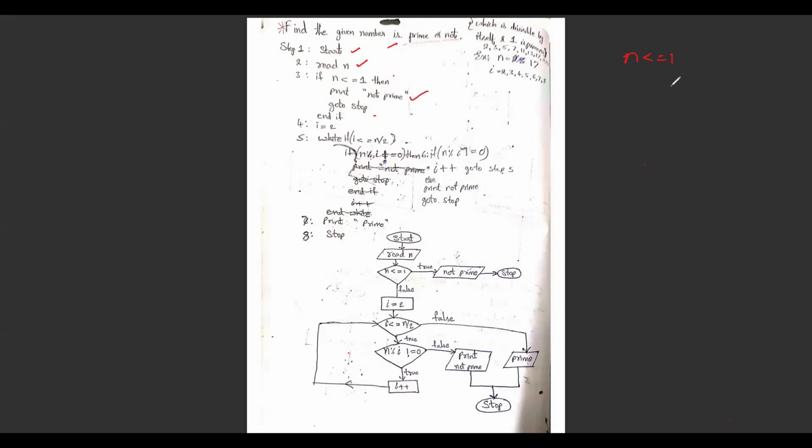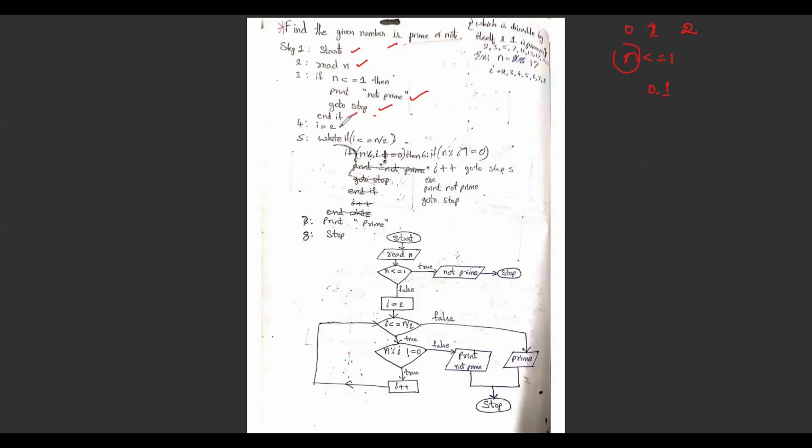Less than or equals to 1 is nothing but it can be 1 or 0. If you give 0, which is less than or equals to 1, you're going to print 0 is not a prime number. And if you get 1 also, it is not prime. But if you take 2, 2 is an even prime, right? So less than 2, everything is not prime. So if this is the case, you're going to stop it, and you're going to end.